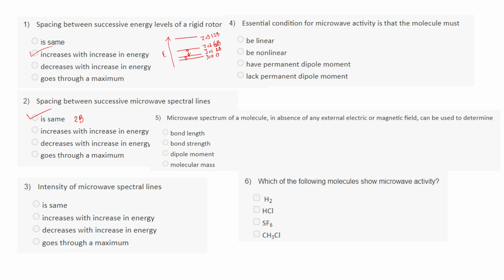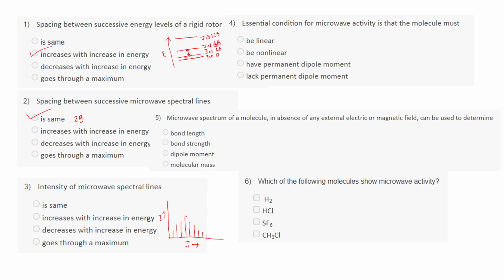Goes through a maximum, and it will look something like this. It depends on the thermal energy. So let me draw it: this is your J and this is your intensity of the lines.